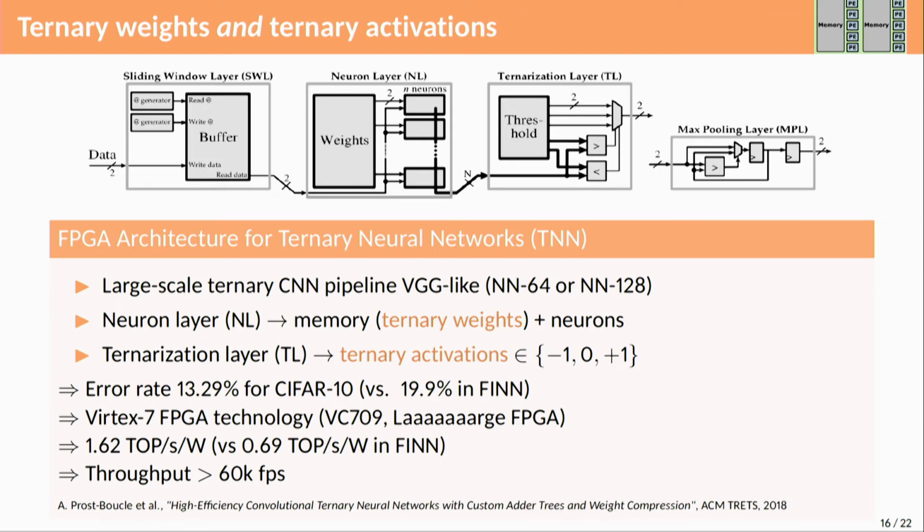A similar approach using here not binary values, but ternary values, both for activations and weights, leads to a better result in terms of accuracy. In the previous case, the error rate was around 20%, and it's a bit more than 13% in that case by using -1, 0, and +1 for all situations.